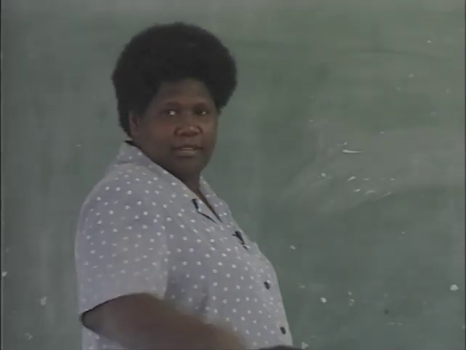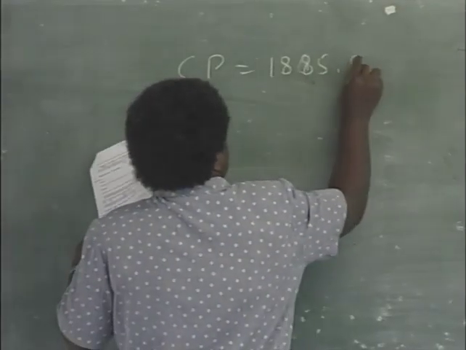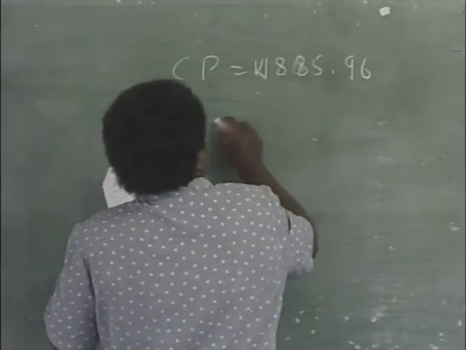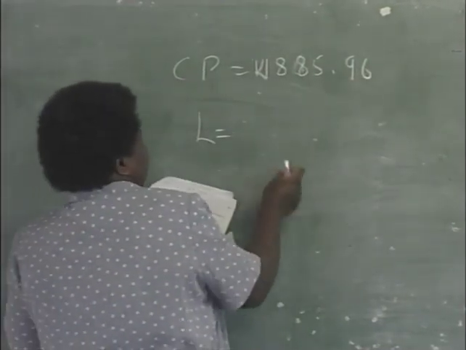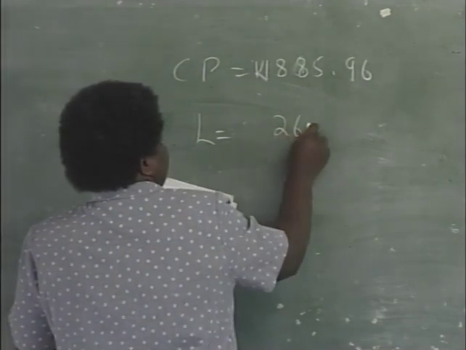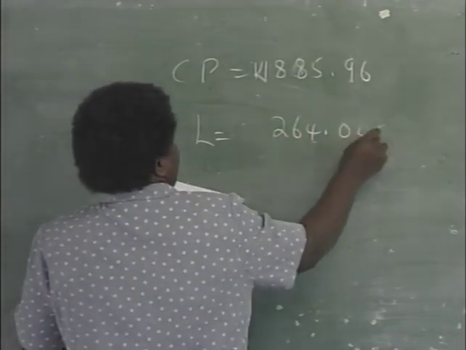Maybe I'll write it on the board. Cost price is 1,885 kina 96 toya. The loss is 264 kina 4 toya.